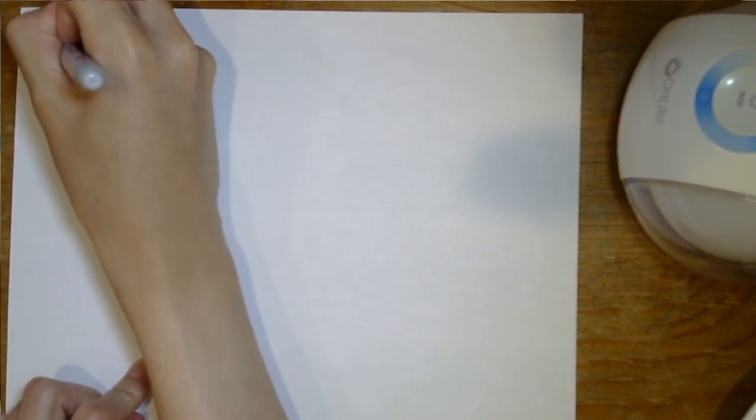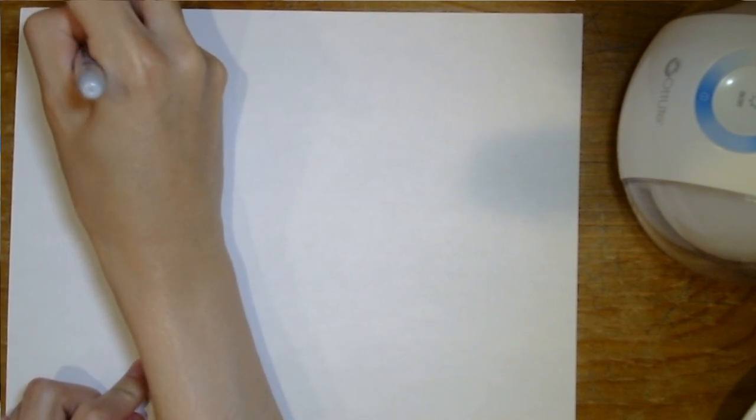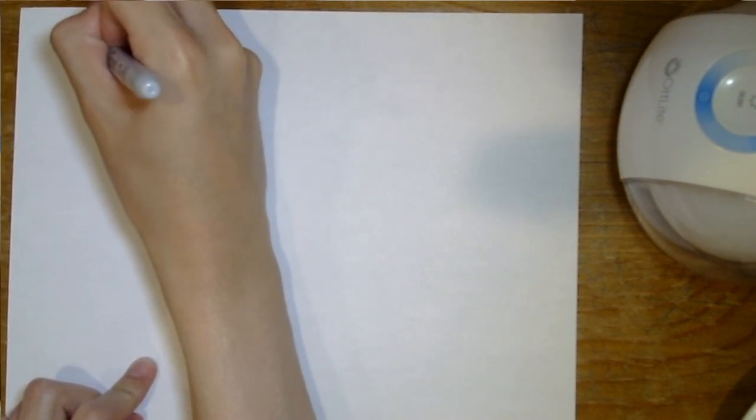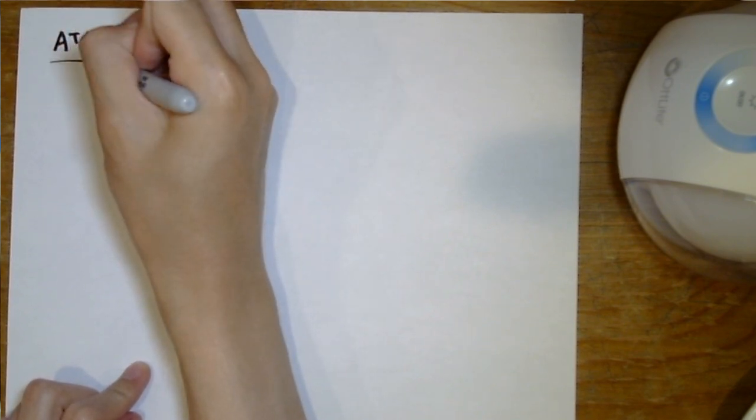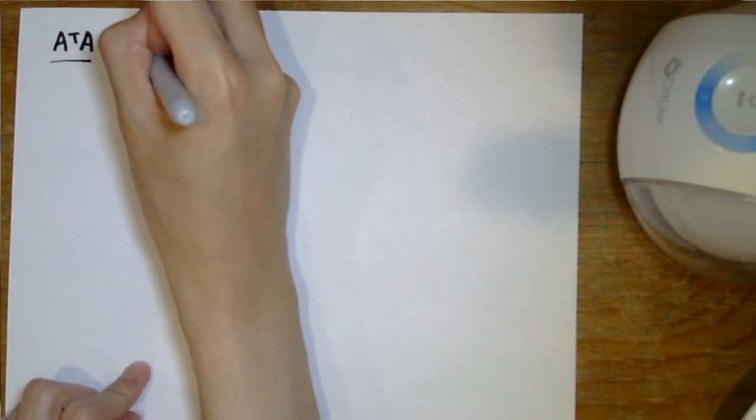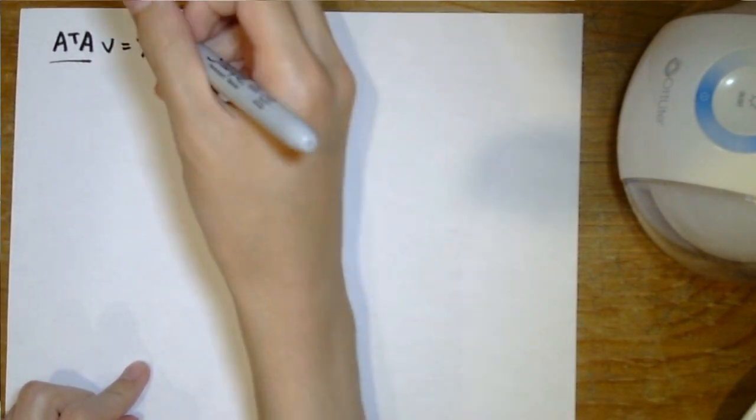So let's go back to our extremely large covariance matrix, which we want the eigenvalues out of. And this is how we save computational space. We use this theorem, which states the following identity. A transpose times A times an eigenvector of this matrix equals a certain eigenvalue times that eigenvector.